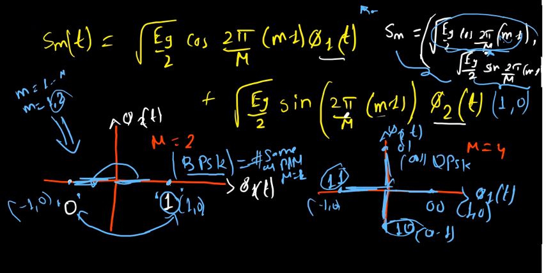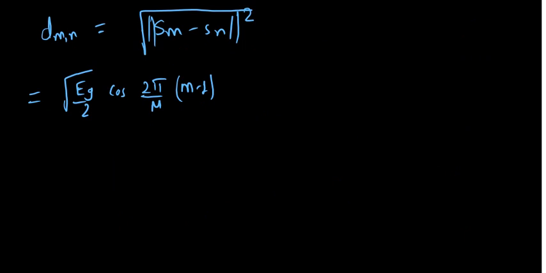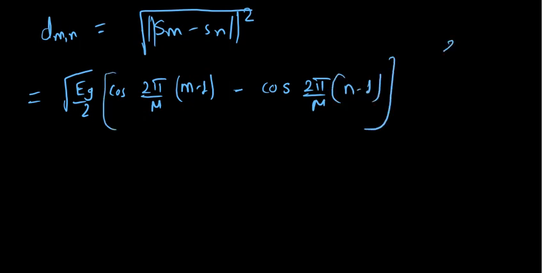Just the index will be n here. I'm writing it directly because we already know this from basic school. So 2 pi by m into n minus 1, and we have to of course take the square, right? Let's just take Eg by 2 outside of the square. Here it won't be under root, so let me remove it.